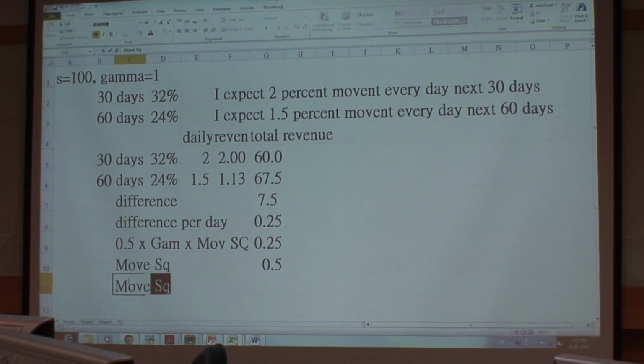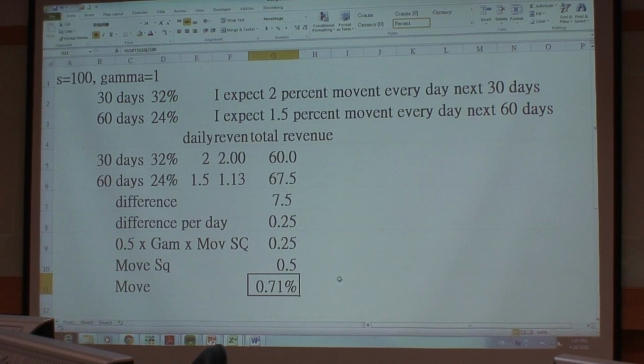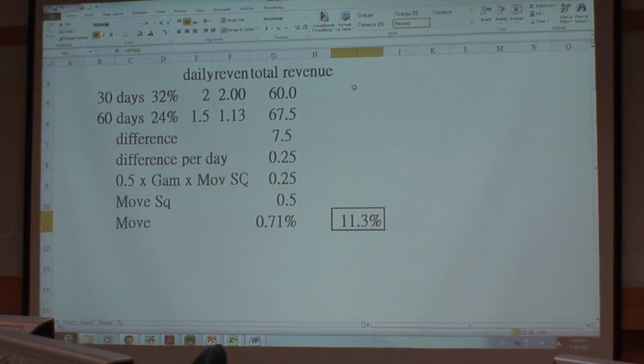So that means our daily move is roughly $0.71, which equates to 0.71%. So finally, a movement expected of 0.71% per day results in a volatility of 11.3.